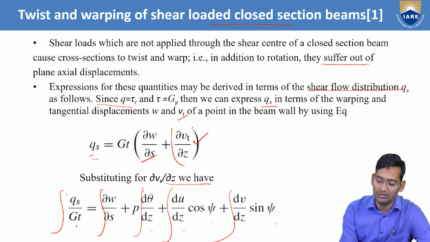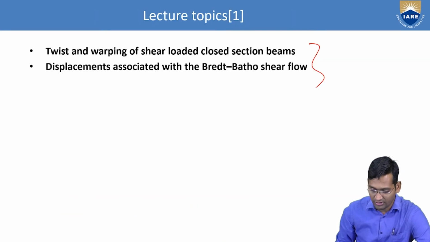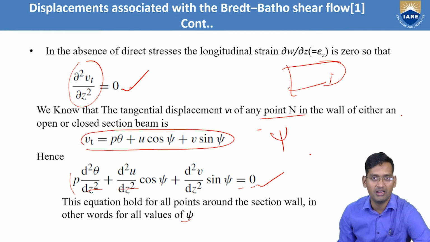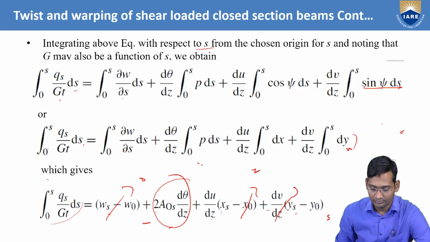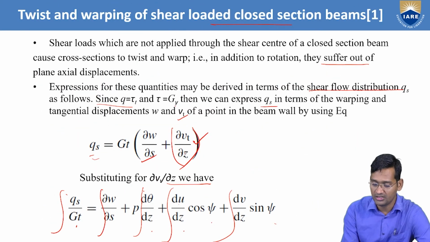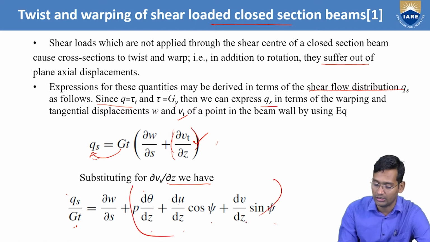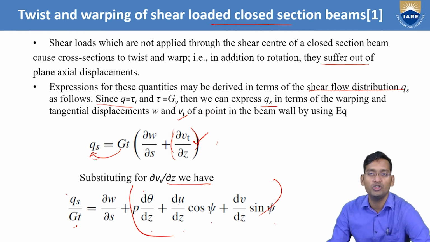Now substitute the value of ∂vt/∂z, which we get by differentiating. Substituting, with qs and Gt on this side, we get qs/Gt = ∂w/∂s + ∂vt/∂z, where ∂vt/∂z is p dθ/dz plus du/dz cos ψ plus dv/dz sin ψ.